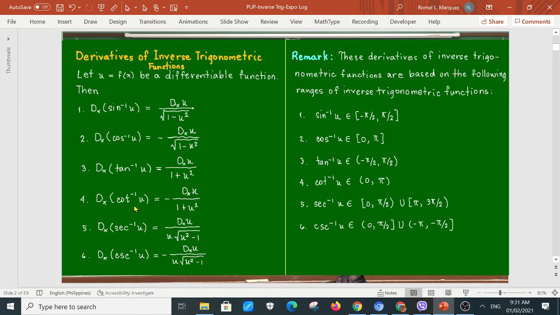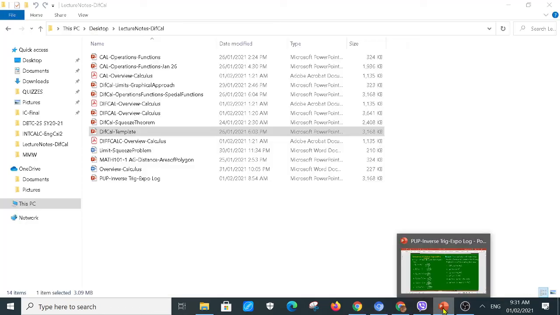Now, if you are going to take note of 5 and 6, other books make use of absolute value in the formula. There is an absolute value outside the radical, so that's absolute value of u, also in inverse cosecant u. If you have absolute value, then you have to change the range for inverse secant and also the range for inverse cosecant, to first quadrant and second quadrant.